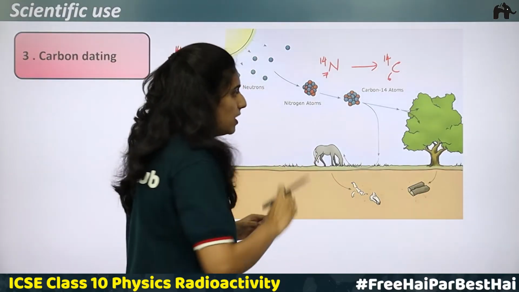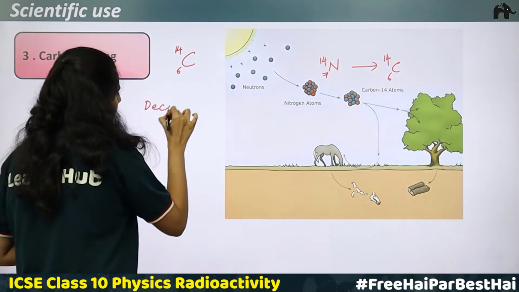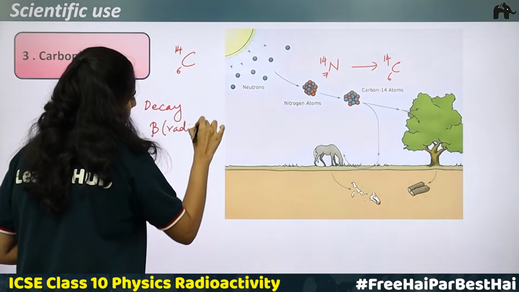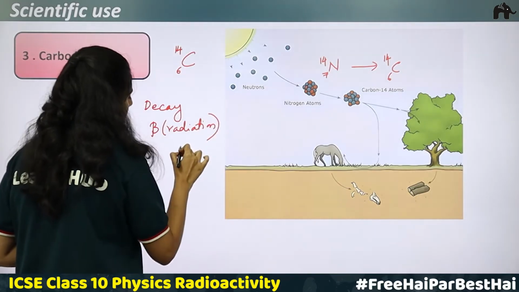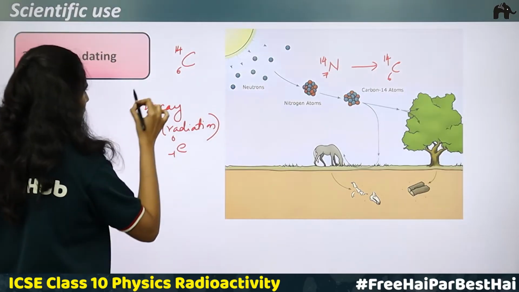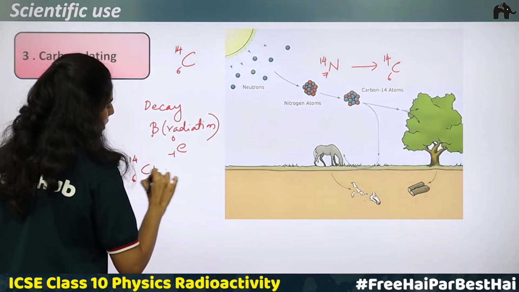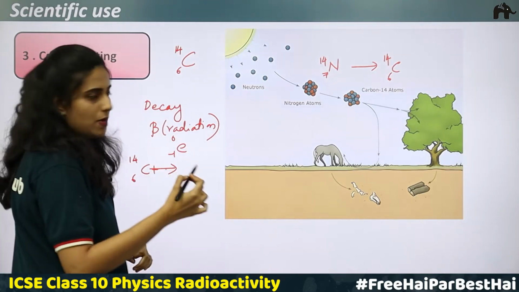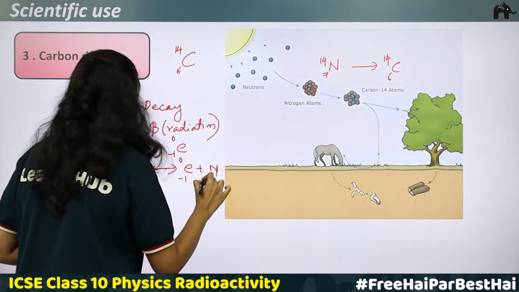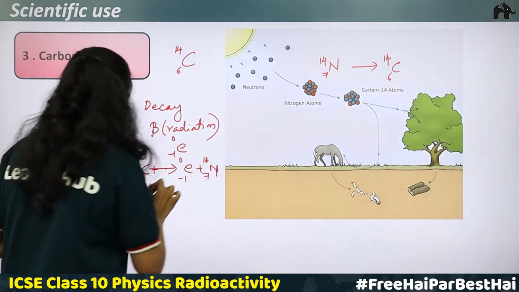Here, carbon-14 will decay. It will emit beta radiation, that is, beta particles will be emitted. When carbon-14 emits a beta particle, nitrogen-14 is formed.